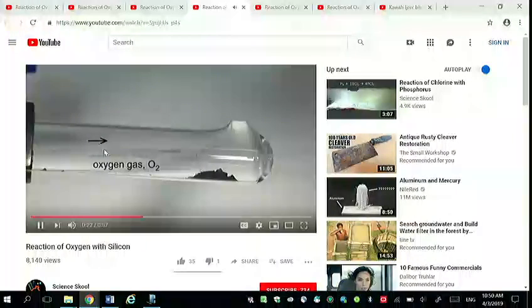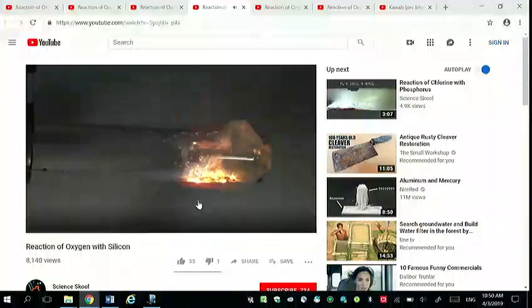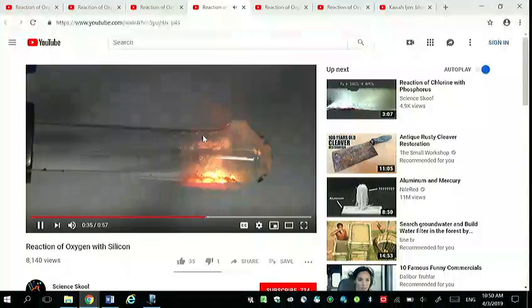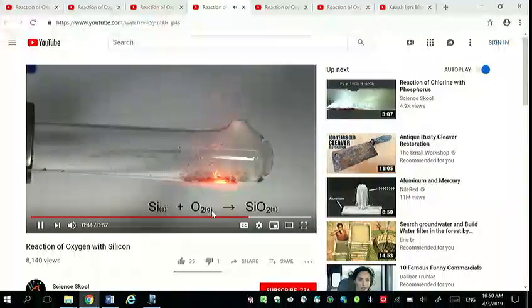Oxygen gas is channeled in. The main thing I need you to know from here is that silicon dioxide will be formed. SiO2 is formed when you react silicon with oxygen.